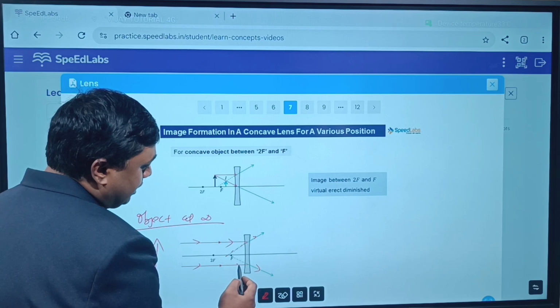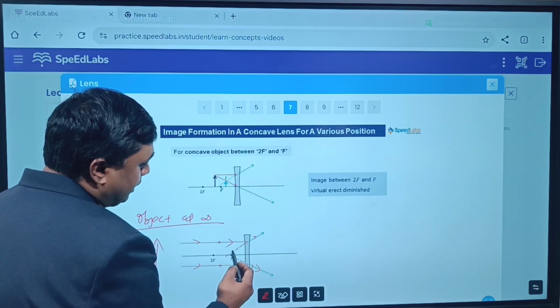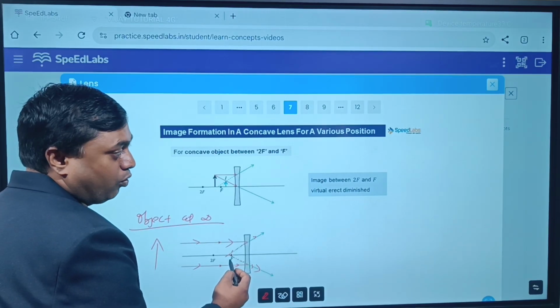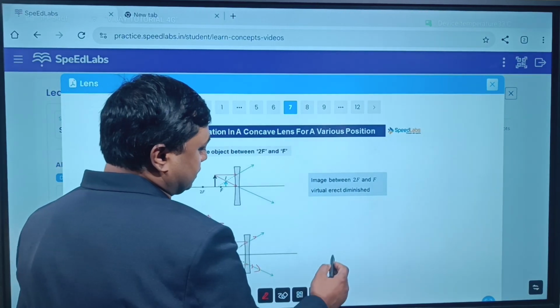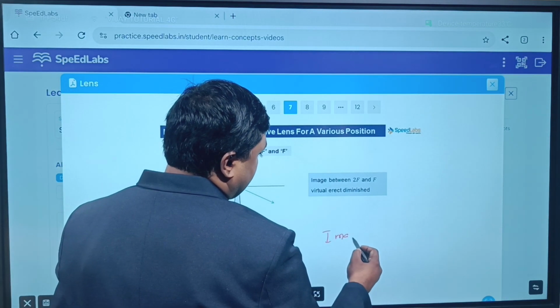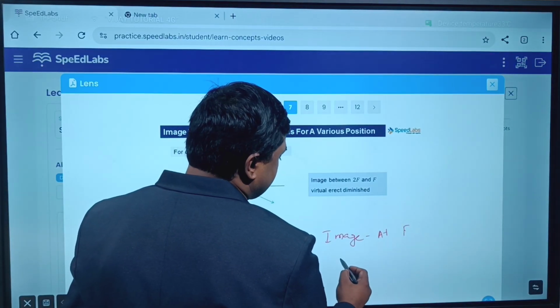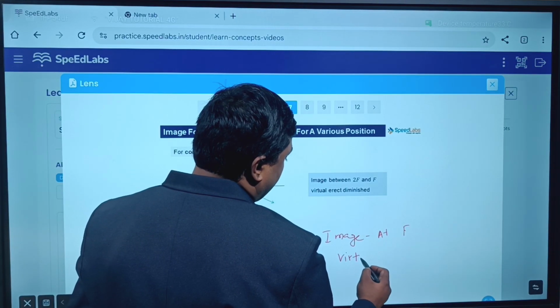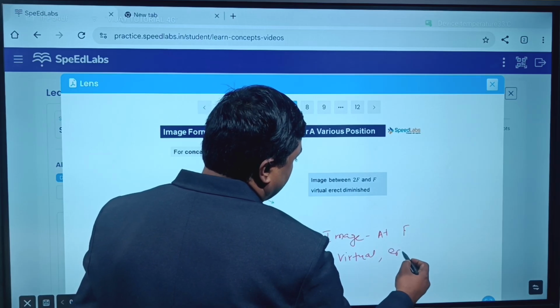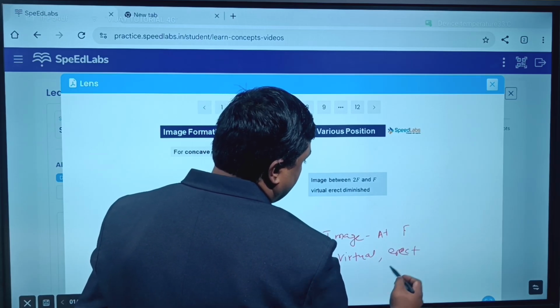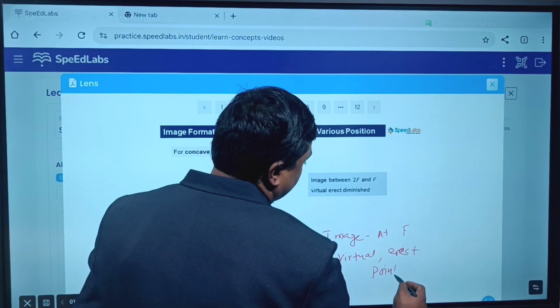Similarly, this light ray, okay, after refraction it will appear to pass through focus, yes or no. So they will appear to meet at focus. So where is the image? At focus. Okay, and how is the image? It is virtual and erect and point size.